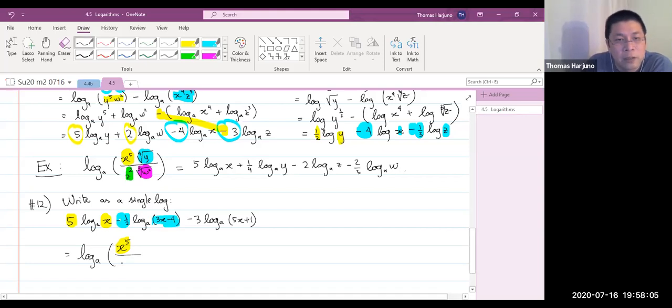That will be the square root of 3x minus 4. And then negative 3 means it is at the bottom with base 5x plus 1, so that would be 5x plus 1 cubed.